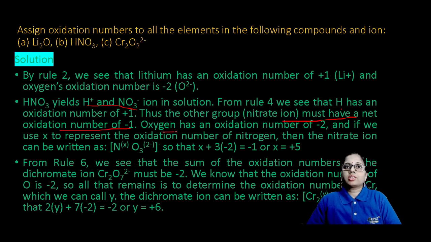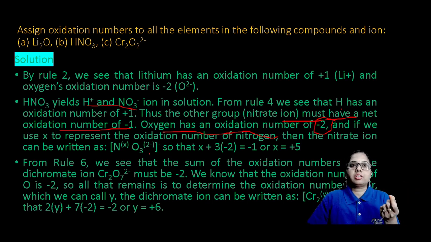Oxygen has an oxidation number of -2, and if we use X to represent the oxidation number of nitrogen, then the nitrate ion can be written as N X O3 -2. It is not called a power, but I am saying it for better understanding.